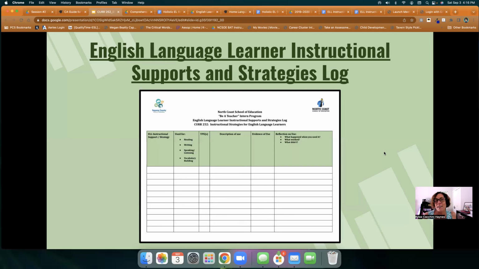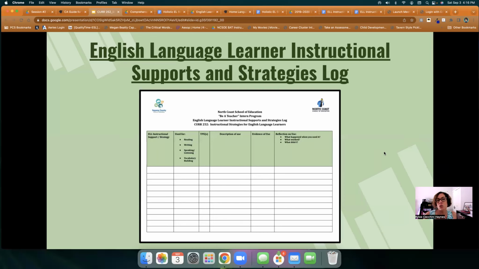We haven't quite got into the nitty-gritty of the strategies yet. We'll do that in just a minute for oral strategies. But the focus of this class, in large part, is on what do we do to support our English language learners? What are some good teaching strategies that we can use that support our English language learners, and bonus, support all of our students?